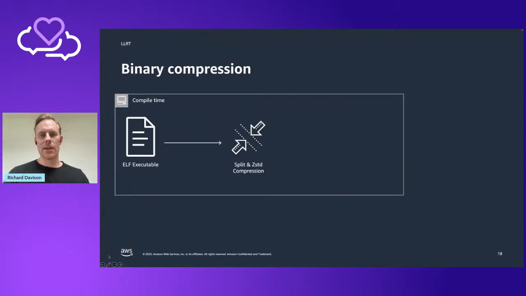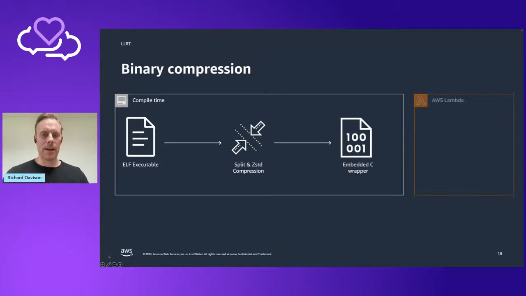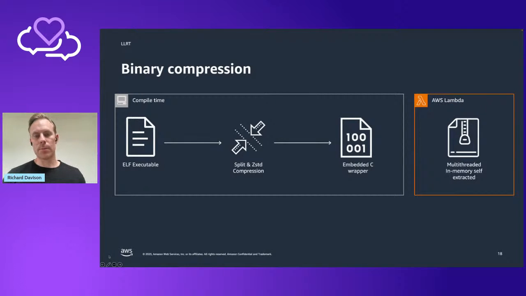Remember this real-time compression algorithm that I was talking about before. So we take it, split it apart, compress each part with Zstandard, and we then take those parts and embed them into a very, very small C program. And this C program then, when it's running inside of Lambda, will take those parts and in a multi-threaded fashion, decompress those parts into something called a memory file descriptor.